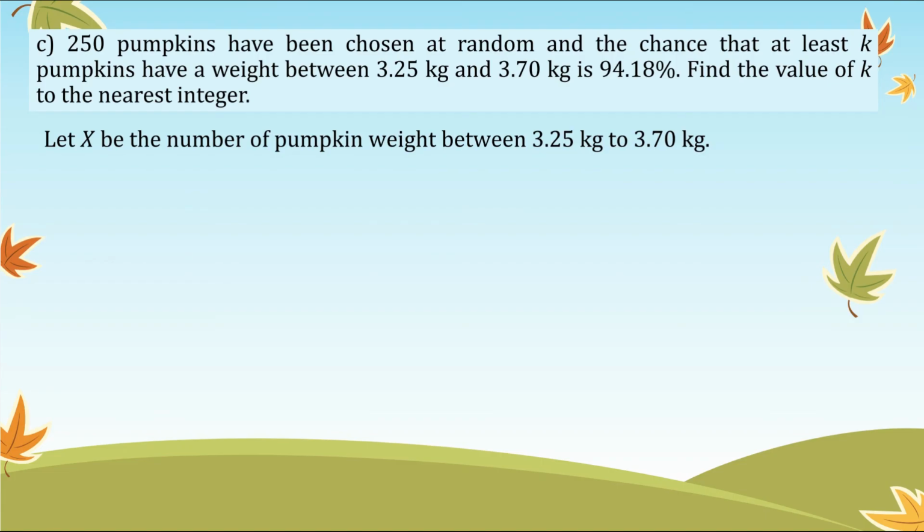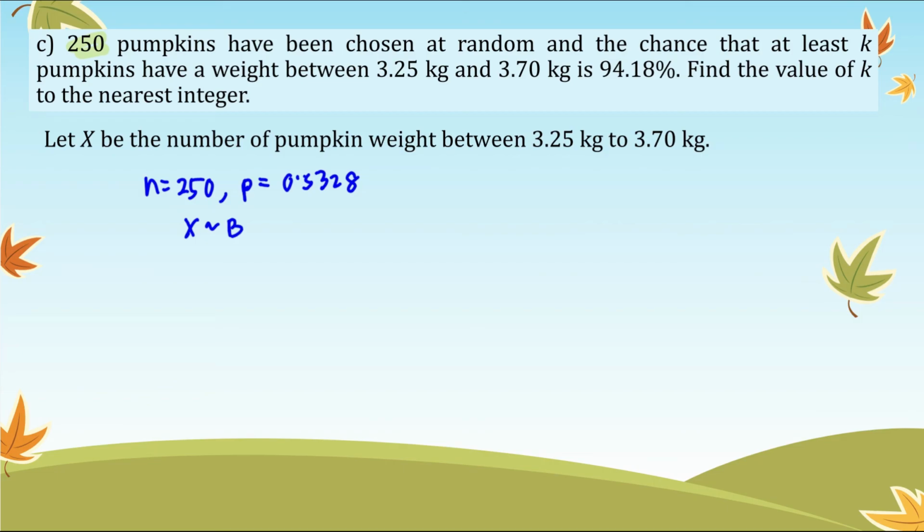Now we have 250 pumpkin, this is our N. N is equals to 250. Because X is the number of pumpkin weight between 3.25 to 3.7 kg, we use probability from part A, 0.5328.